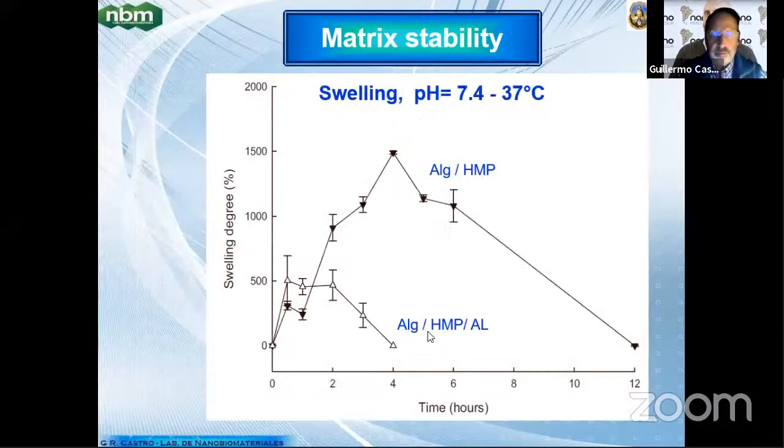So this confirmed the good structure of the hybrid system. When we study the swelling at pH 7.4 and 37 degrees, we can see that addition of alginate lyase changes the swelling of the particles. So it means that alginate lyase works.